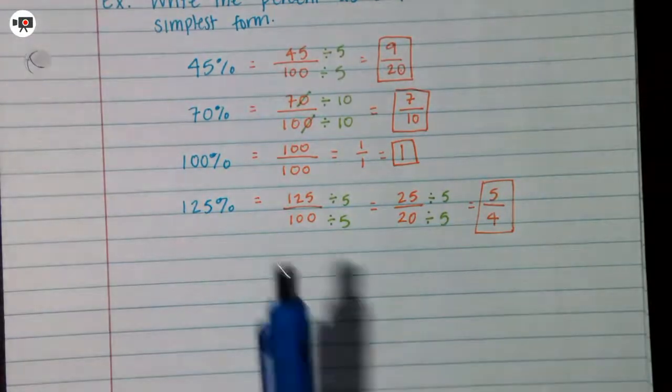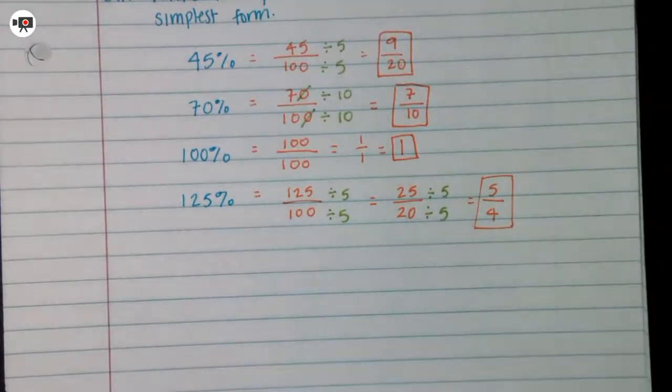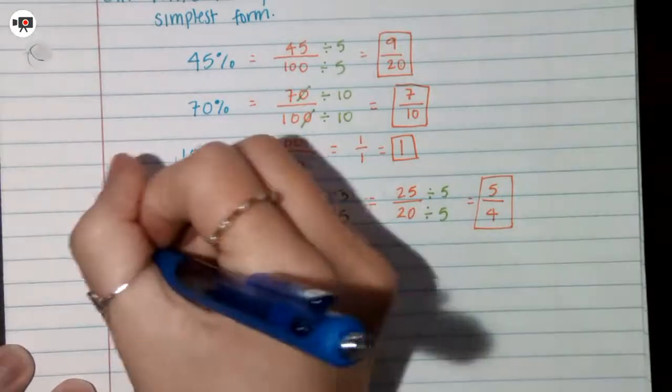So that's writing a percent as a fraction. To write a fraction as a percent, you write an equivalent fraction with denominator 100.